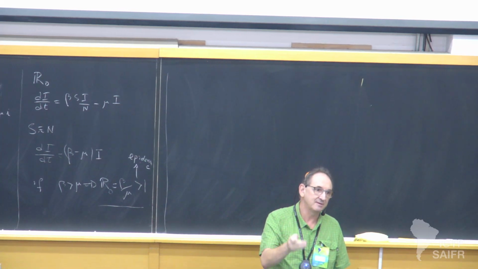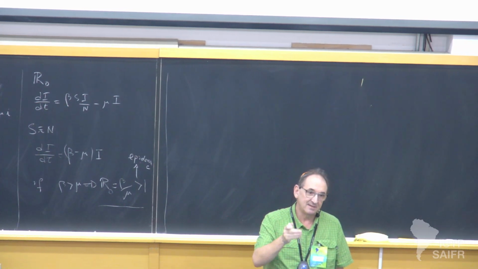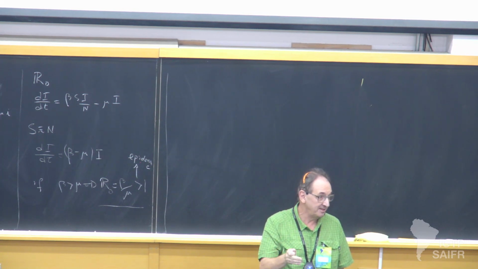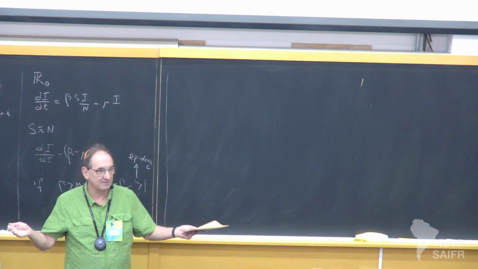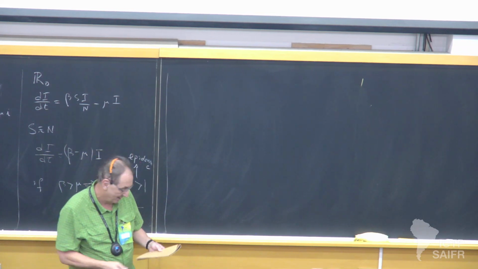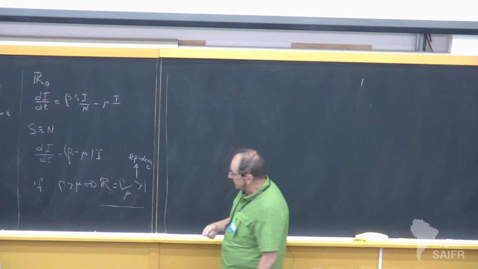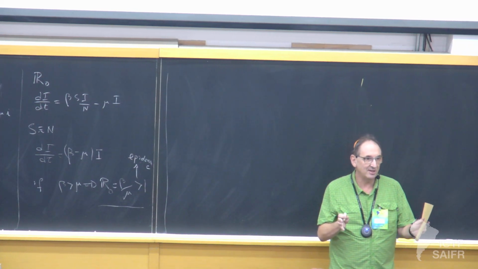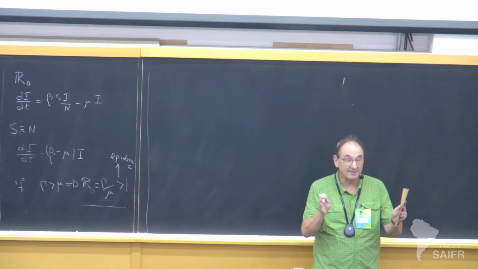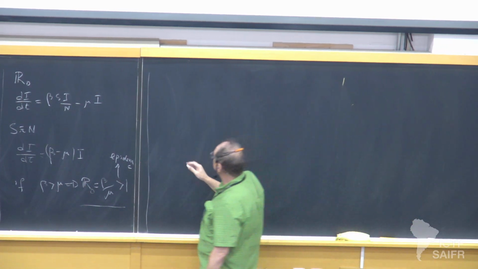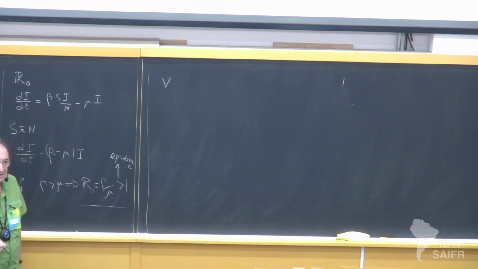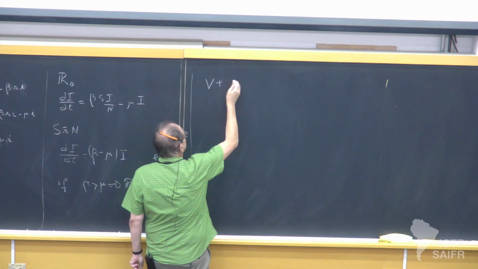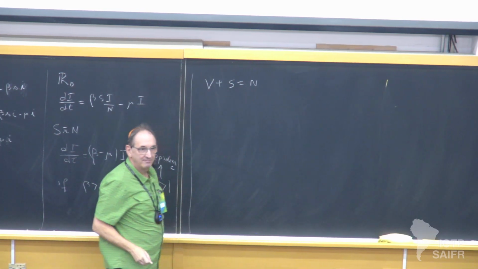If the disease confers immunity, if you had it, or if you have been vaccinated, in a case where the disease has a vaccine. So then at the beginning, S is not N, but we will introduce some individuals that I will call V, which are the immune guys, okay? So the immune guys plus S is everything you have at the beginning, okay?